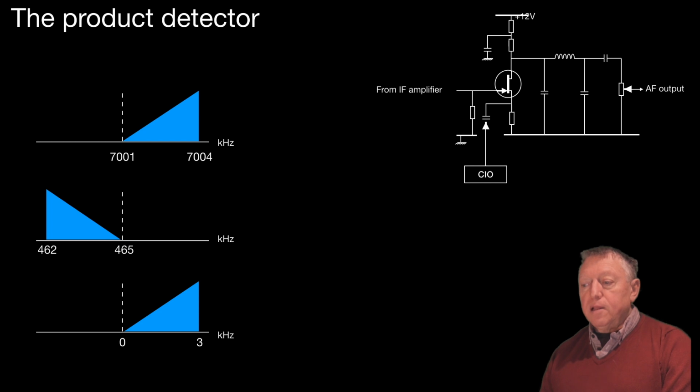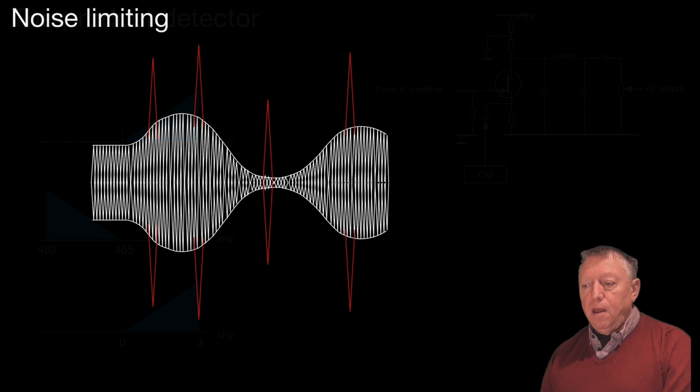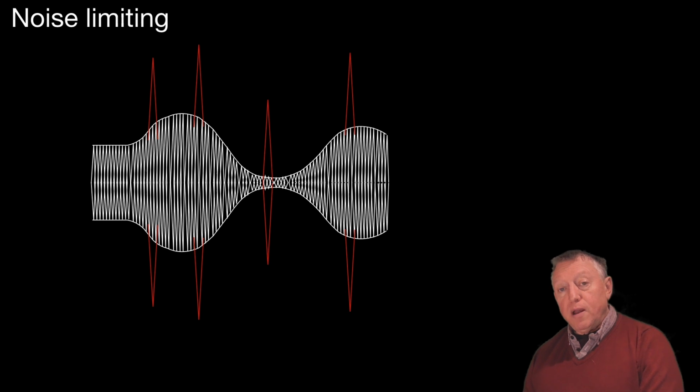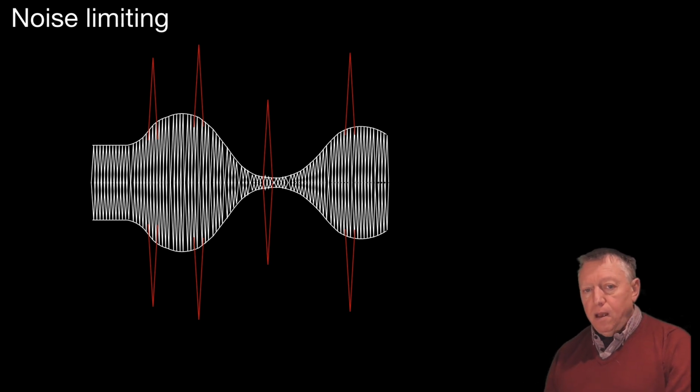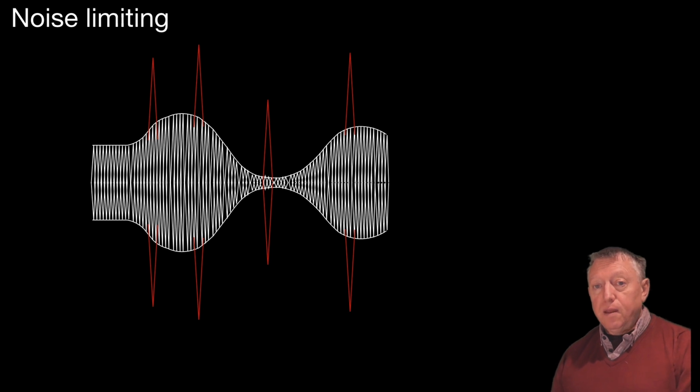So let's look at the final topic for this video, and that is noise limiting. There once again is our modulation envelope for AM, but this time in red we can see that there are some spikes, and these spikes may be caused by impulse noise from passing vehicles, or simply atmospherics that we get from time to time in HF.